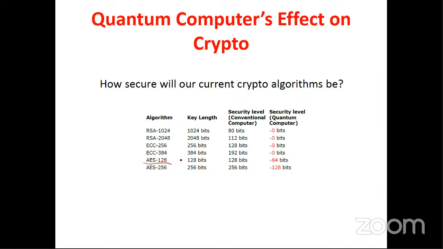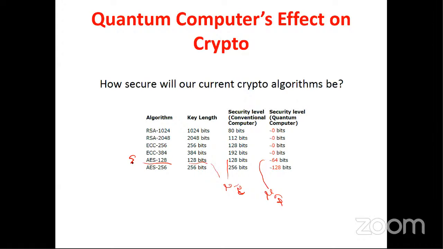Can anyone tell what the key length is? The key length is 128 bit. So what is the key space? 2 to the power 128. On a classical computer it provides 128 bit security. If we have a quantum computer, what will the security be? We will have only 2 to the power 64 keys if we apply Grover's.